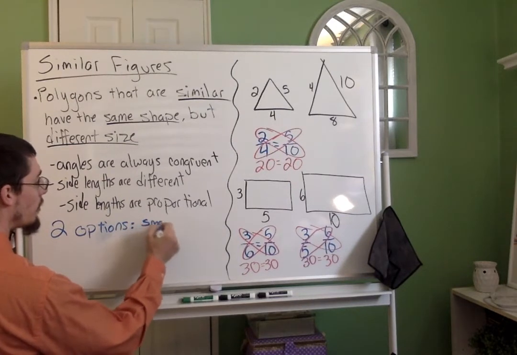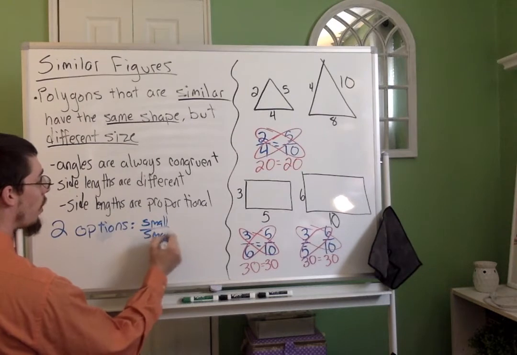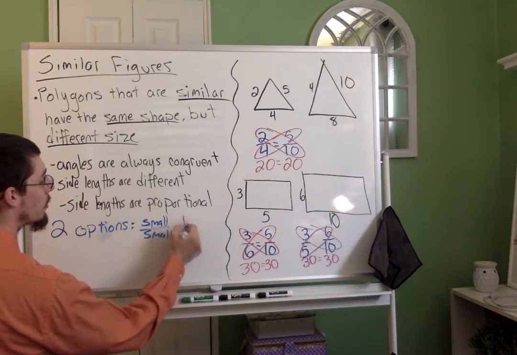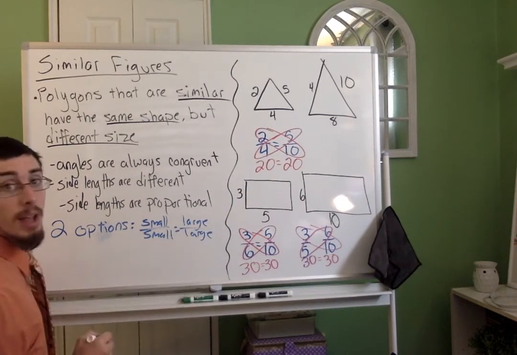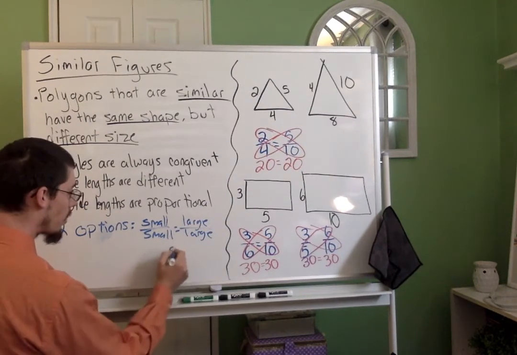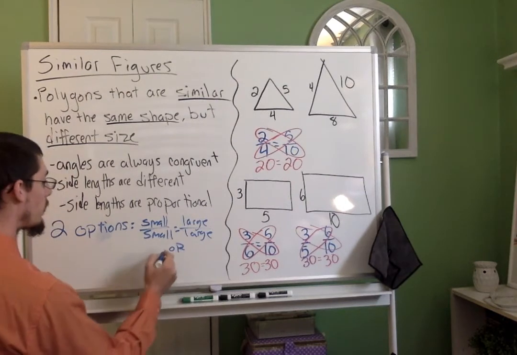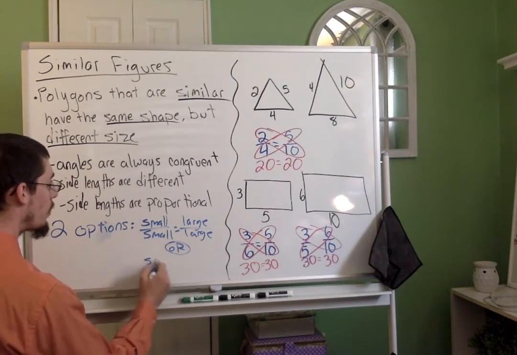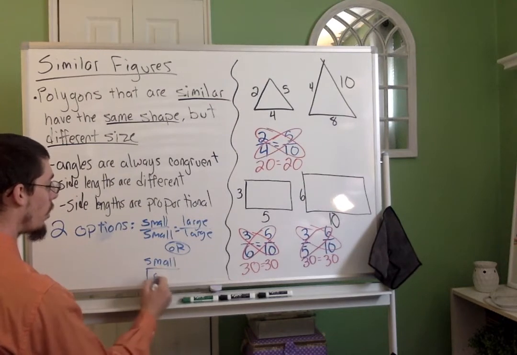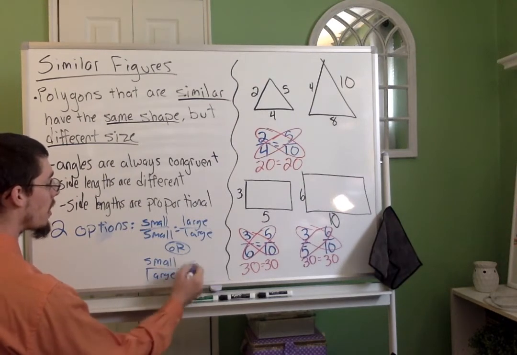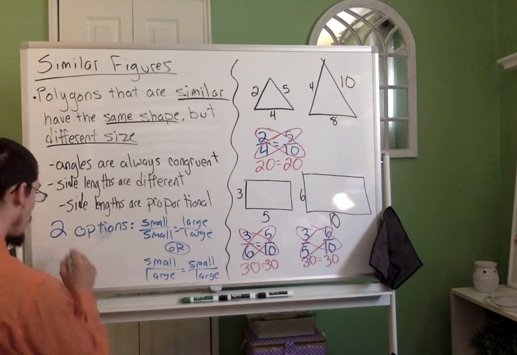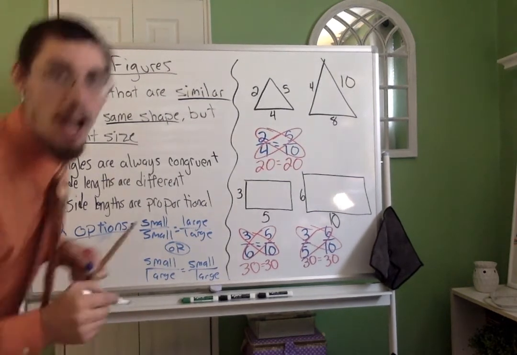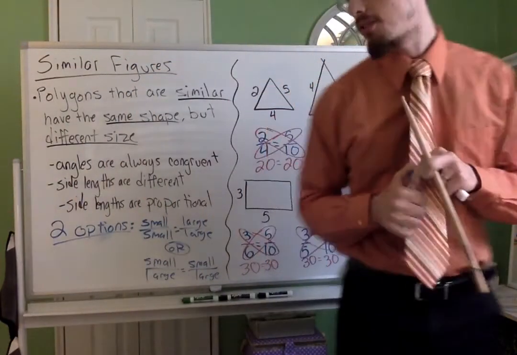You have small over small equals large over large. You see that? Or you can do small over large equals small over large. So 2 different options for your proportions.